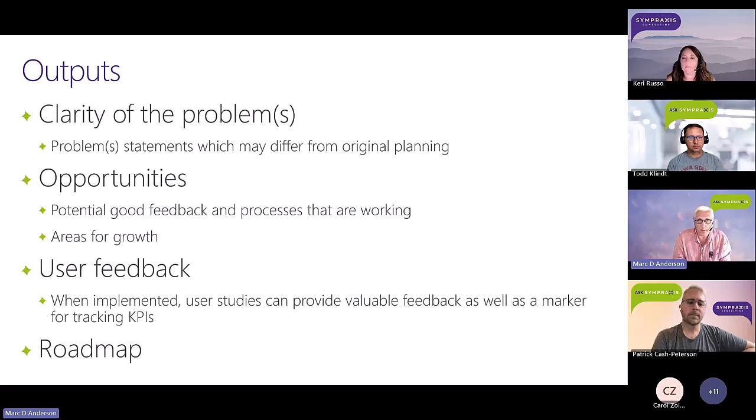So a better understanding of what the actual problems are that you're trying to solve. Some of the problems that you're trying to solve might be really simple. One of the things we do is look at the settings in the tenant and just make sure that the sharing settings are what you think they are, whether or not you're allowing external users in.